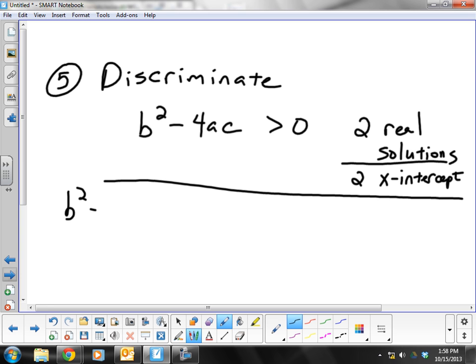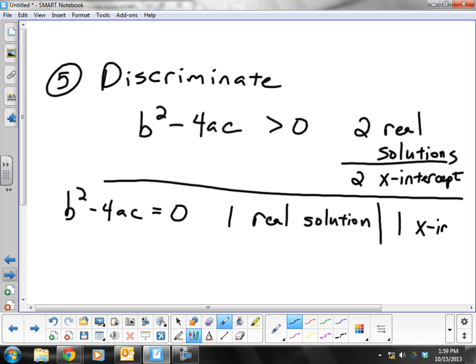If the discriminant is exactly equal to 0, so if I take the square root of 0, I just get 0. And if I add or subtract 0, does it change anything? No. So here, I just get 1 real solution, or 1 x-intercept.